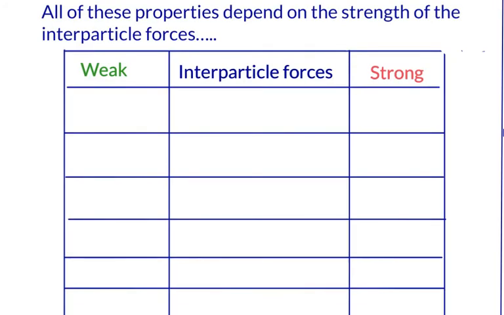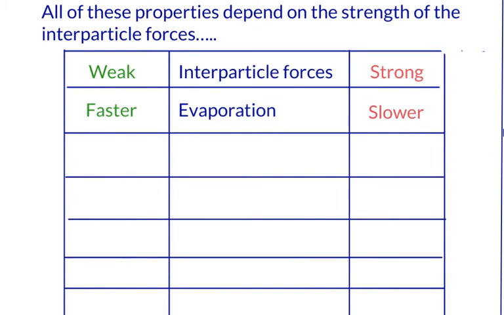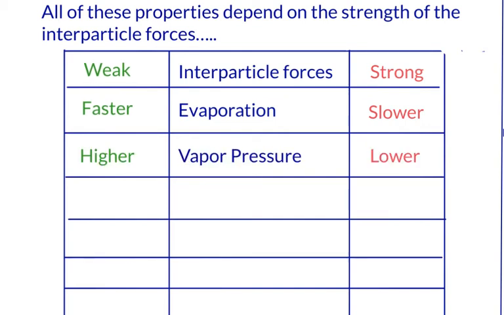Note that all of these are dependent upon the interparticle forces. So evaporation occurs faster with things that have weaker interparticle forces. The vapor pressure will be higher for substances that have weaker interparticle forces. The boiling point will be lower for substances that have weaker interparticle forces.